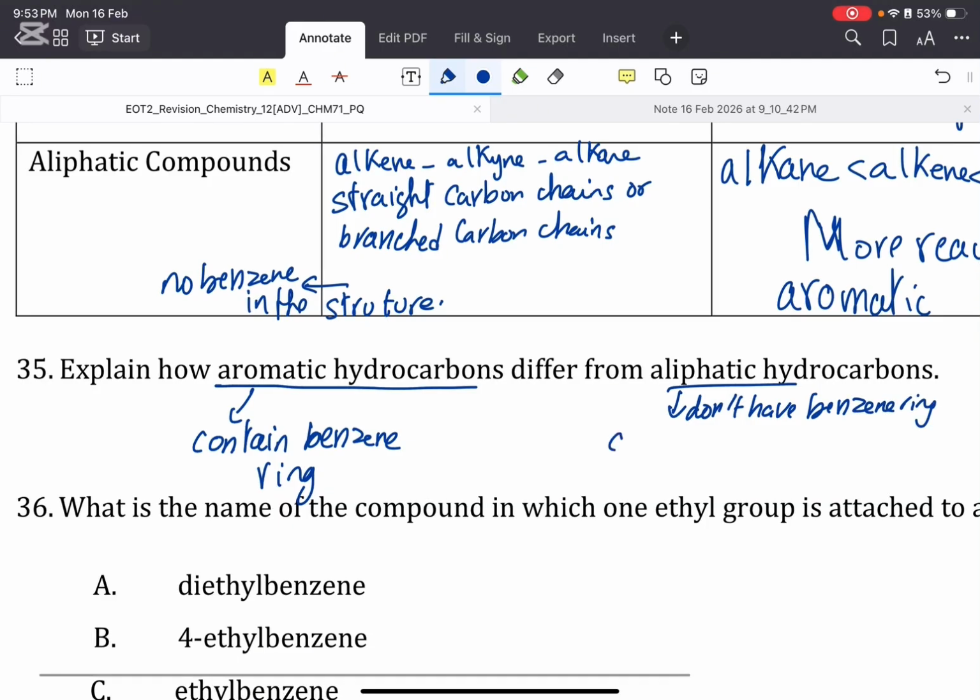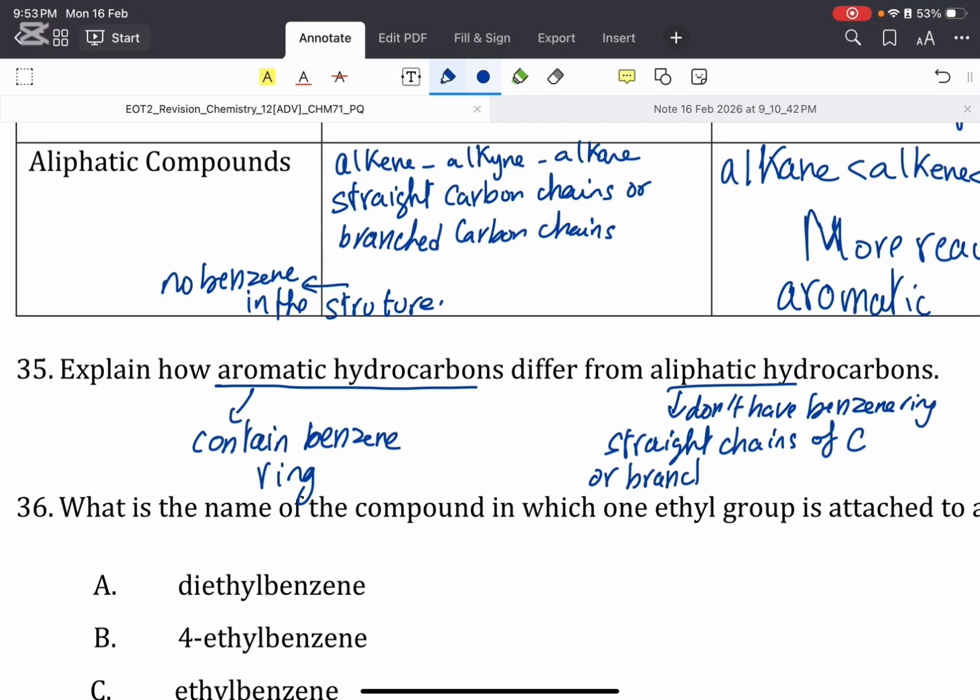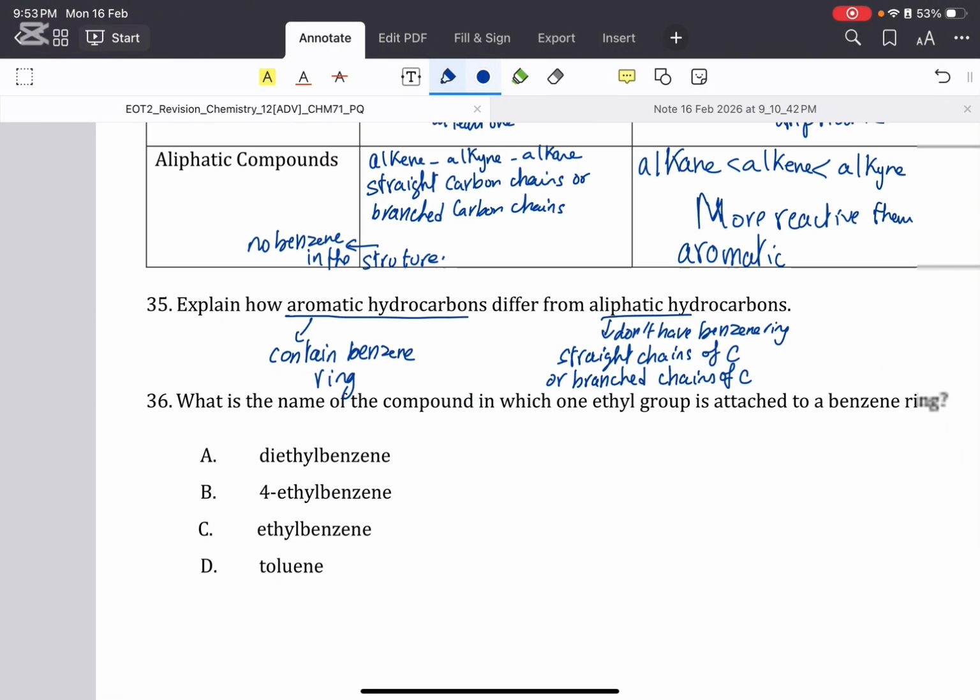They could be straight chains of carbon or branched chains of carbon. They could be alkane, alkene, alkynes, but no benzene ring.